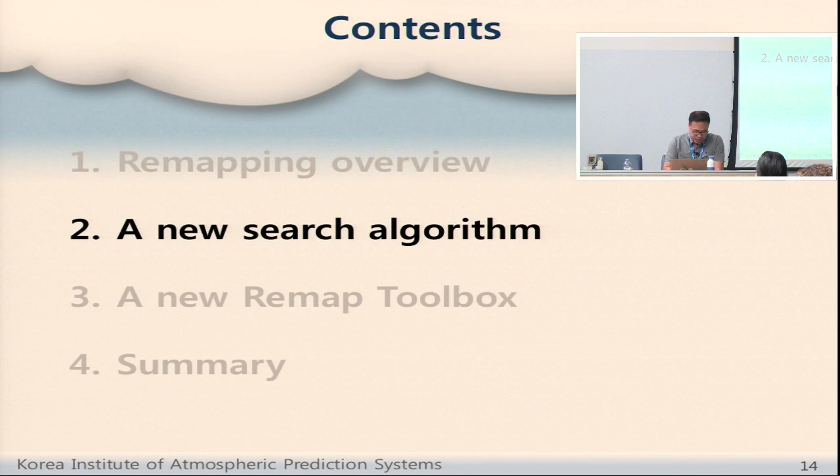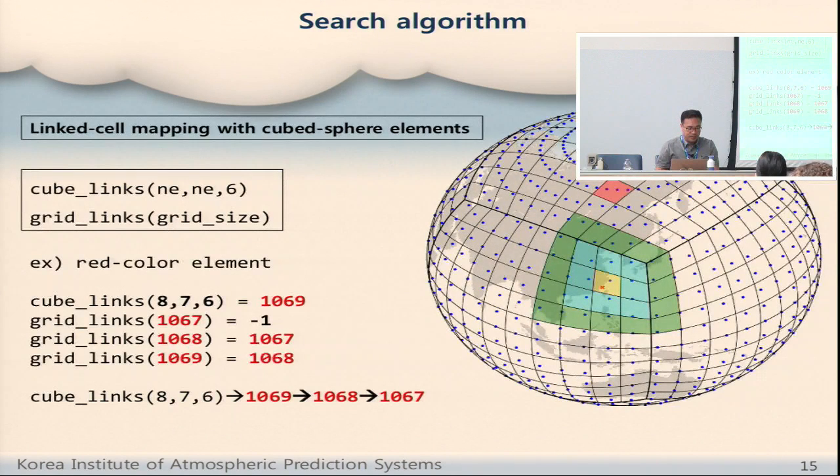It is very important to find the source grid points near the target point in all remapping methods. In the case of a structured grid, such as the regular grid, it is relatively easy to find neighboring points. However, in the case of an irregular grid, it is not easy to find neighboring points.